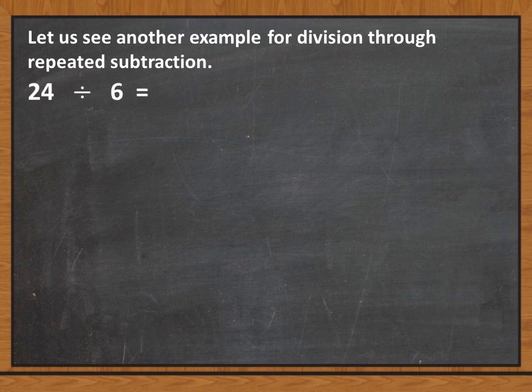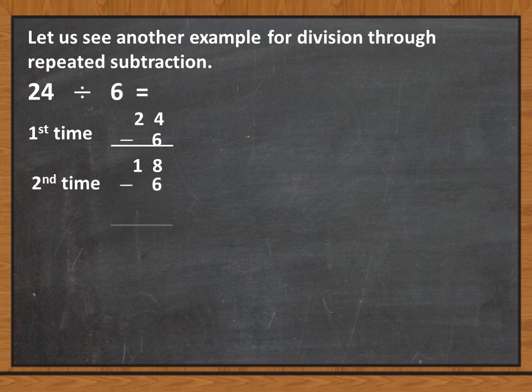24 divided by 6. Let us subtract 6 from 24 repeatedly. First time, 24 minus 6 equals to 18. Second time, 18 minus 6 equals to 12.